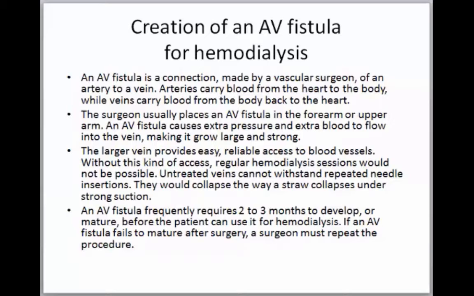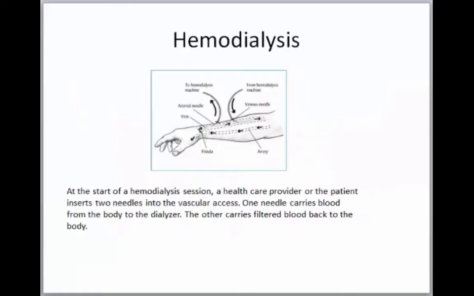It typically requires 2 to 3 months for that fistula to develop. So a patient may have to wait until that's developed before they can actually start the dialysis. It's just part of it to have to get the fistula, and it is obviously not a very comfortable thing for someone who has to undergo dialysis.